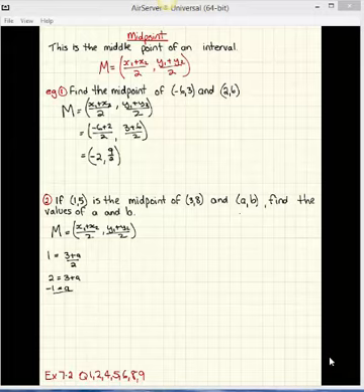And then if we look at the y values, we know that 5 is equal to the halfway point between 8 and b. So 10 equals 8 plus b, so b equals 2. So there are your values for a and b. If they asked you to find the point, you would need to say that it's the point (-1, 2).